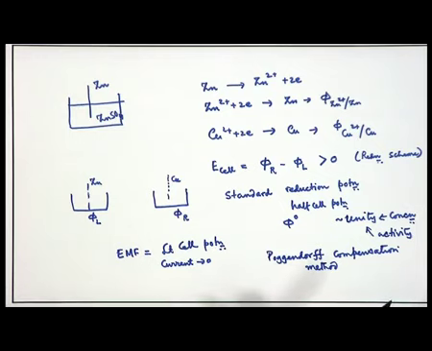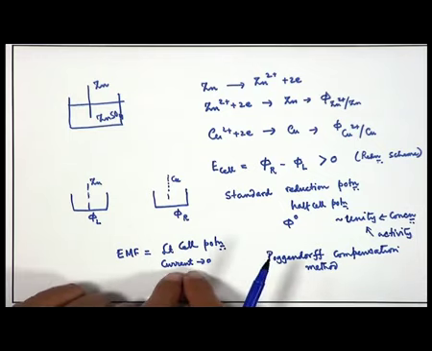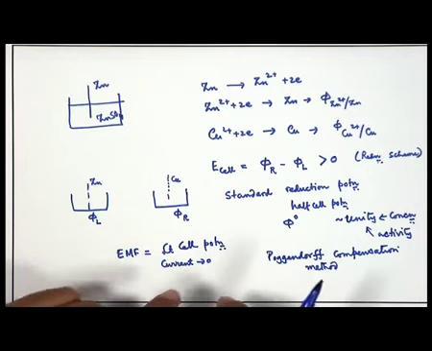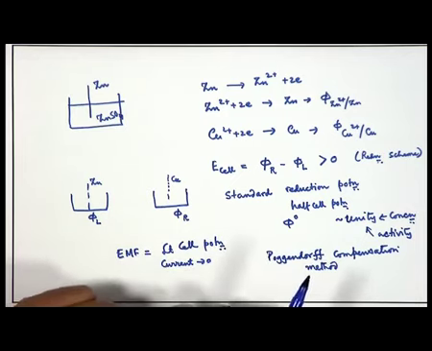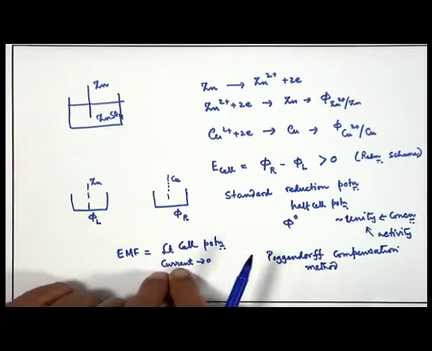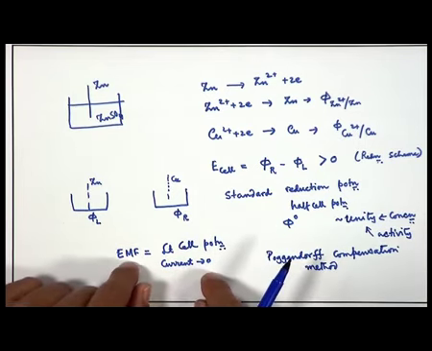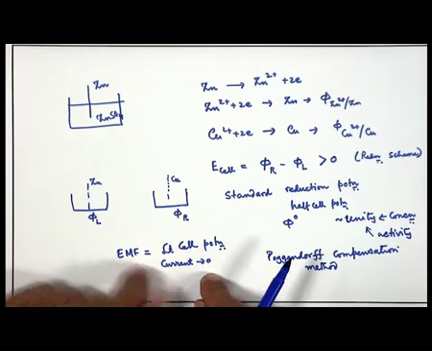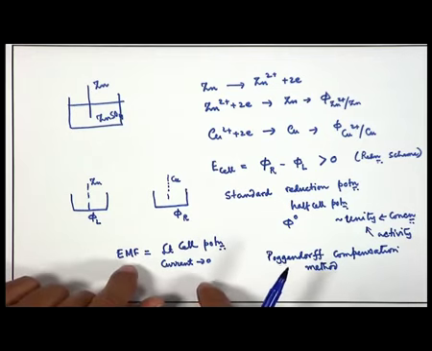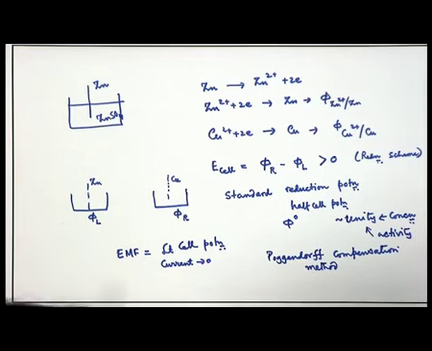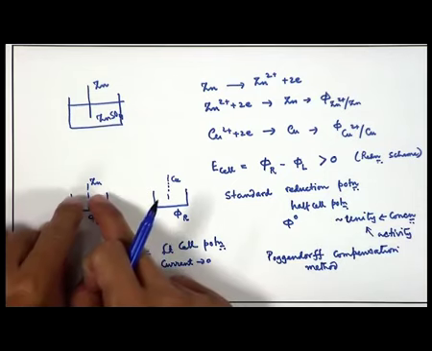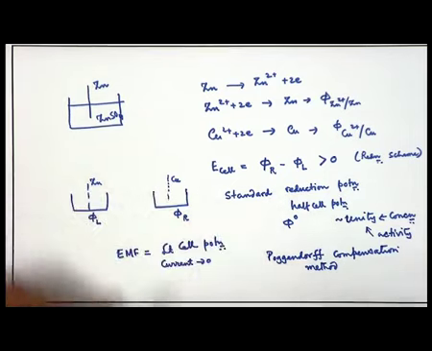In that arrangement, the current goes to 0, and you will be able to find the EMF, which is called the reversible cell potential. So, this is the method by which we can find the cell potential. A cell means a combination of two half cells.